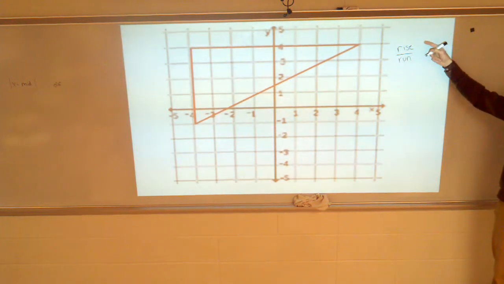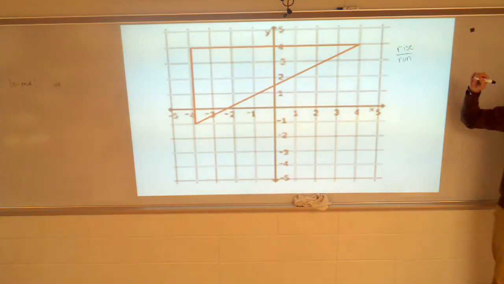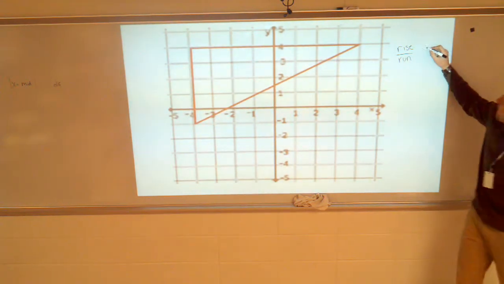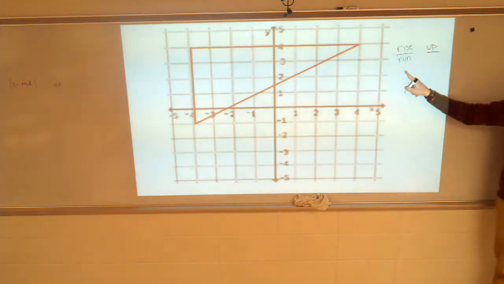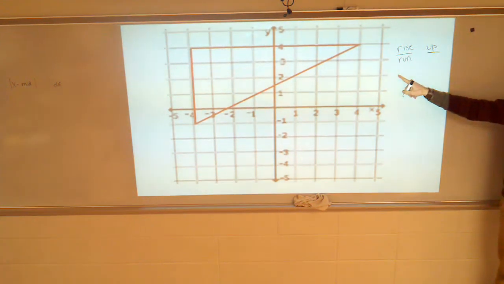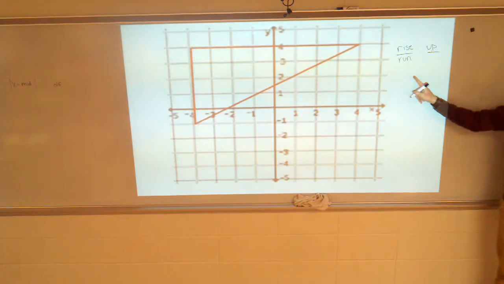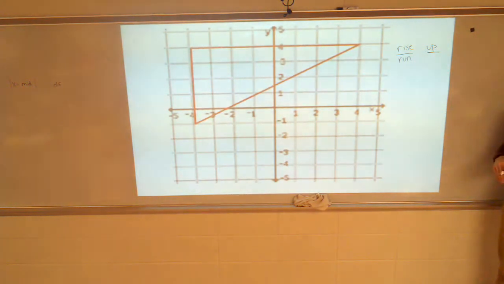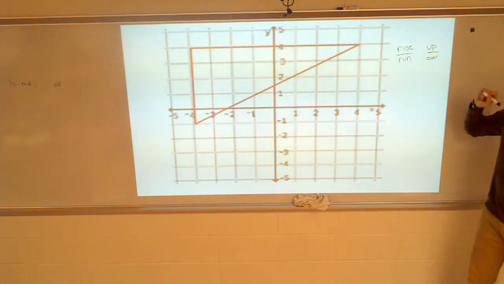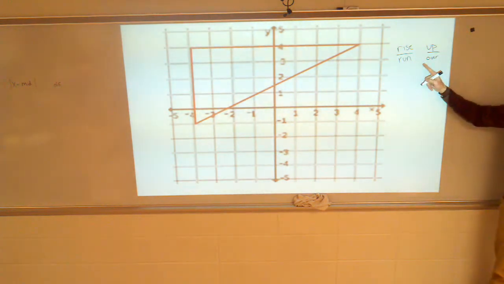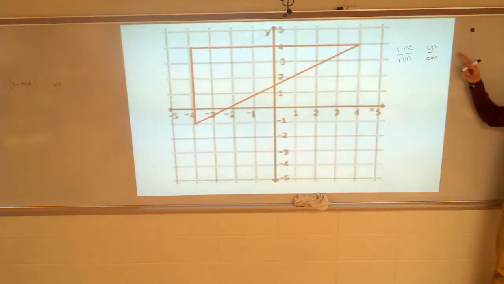Give me another word for rise. Like up. Up is the word that I use. Now, run. I have never ever heard anybody use the word run to mean this word. So I'm just going to tell you. Run means over. So slope: rise over run. Up over over.